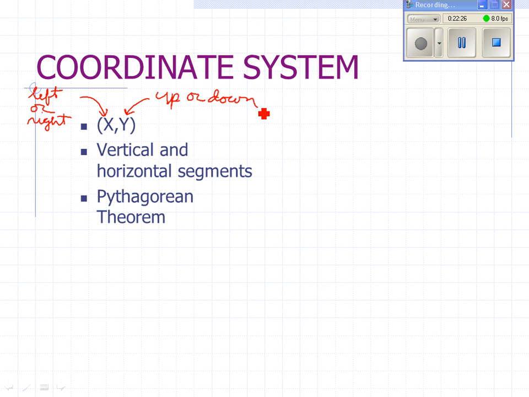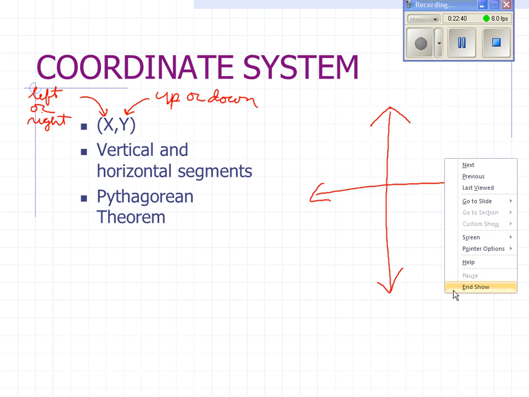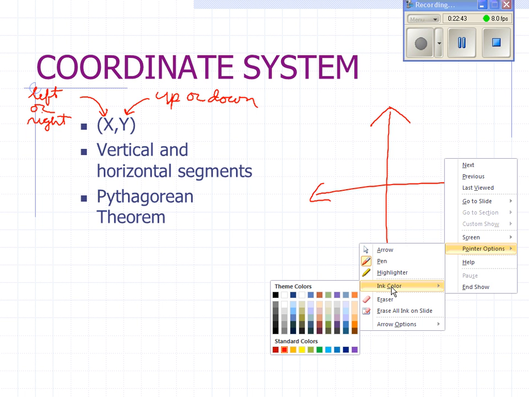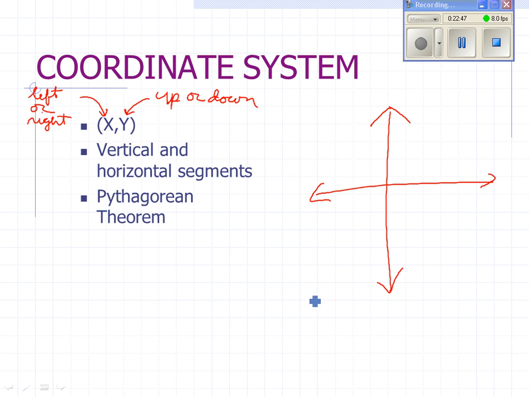When you're on a coordinate system, if I draw a segment that goes from there to there, if it goes vertically, we really don't have to use the distance formula, because if it runs vertically or horizontally, all you got to do is count the little boxes.